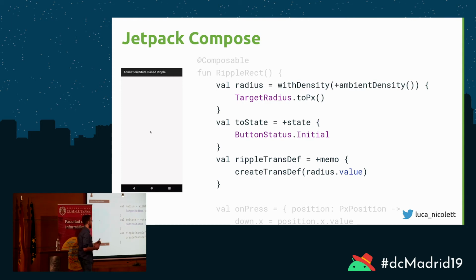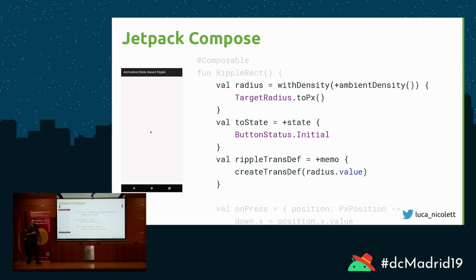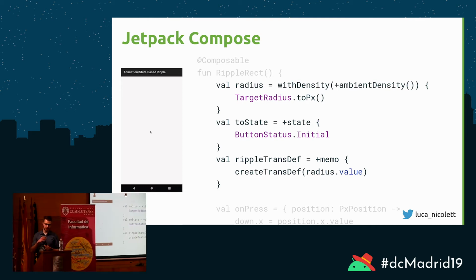It starts by setting up some state. First of all, it sets up a radius, which is a state. The withDensity function returns a state. It sets up a state which represents the state of the button, so it's either pressed or not, and then sets up a transition. It's actually memoizing it.